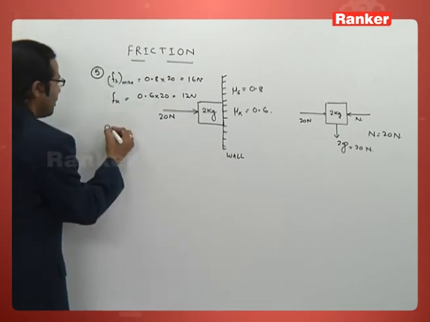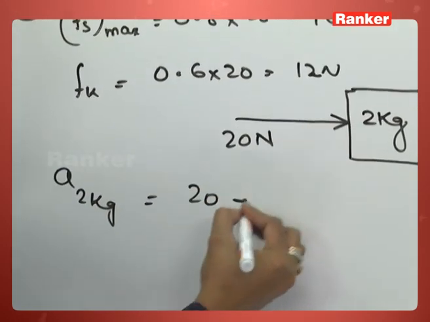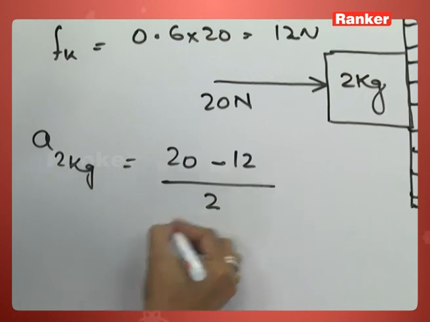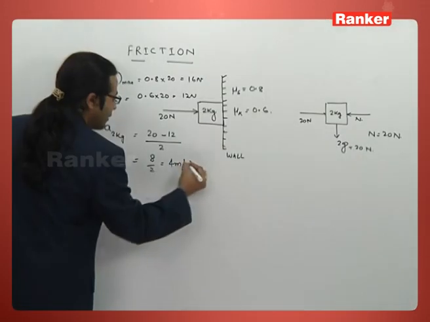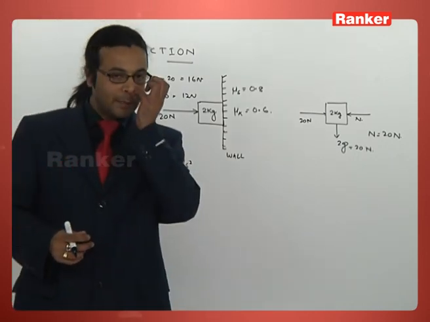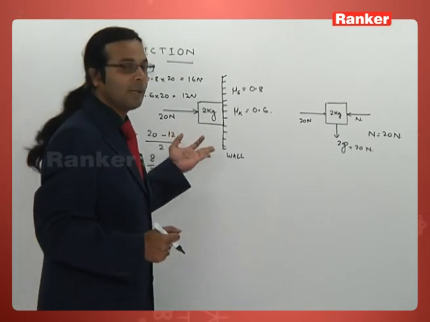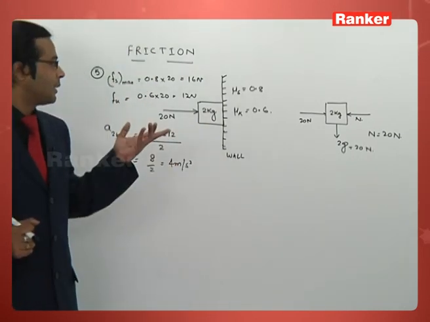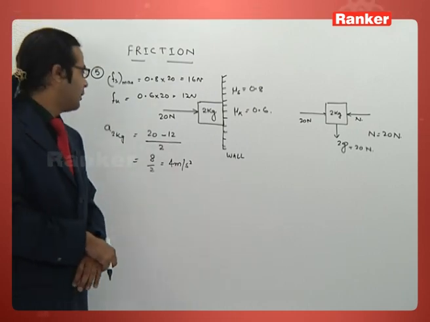So acceleration of the 2 kg block will be nothing but 20 minus 12 divided by 2, 8 divided by 2, 4 meter per second square. So the acceleration of the 2 kg block will be 4 meter per second square, and force of friction on the 2 kg block will be the kinetic frictional force, because it is in accelerating state, that is equal to 12 Newton.